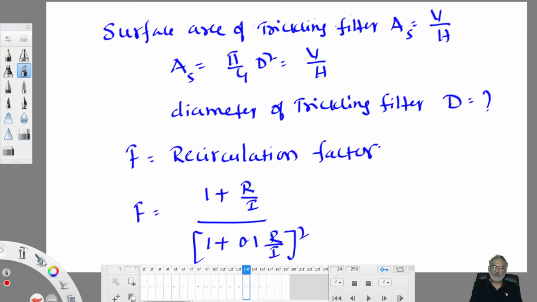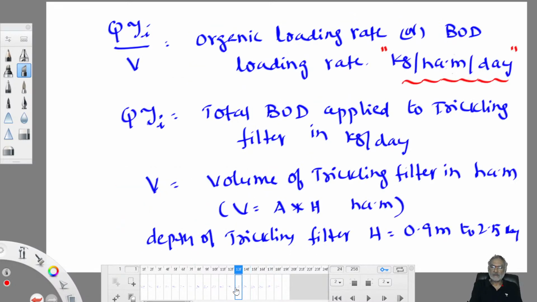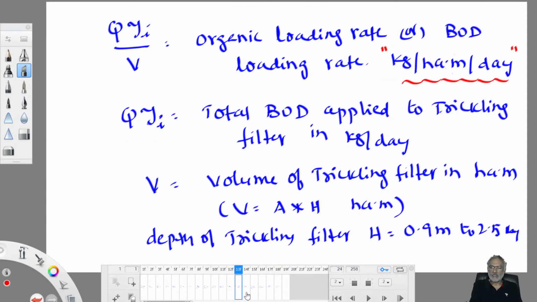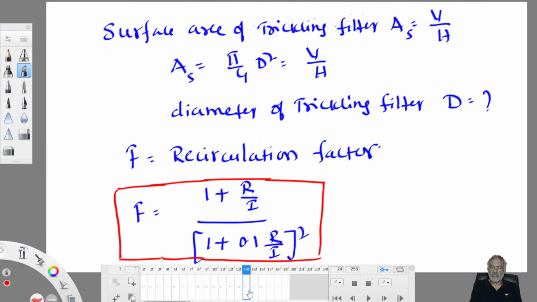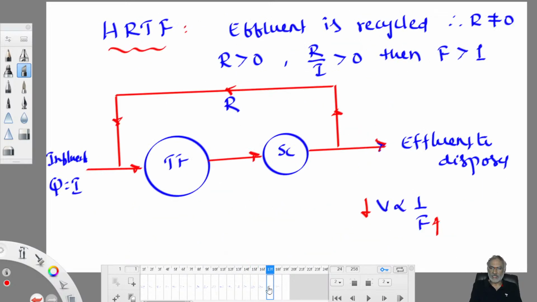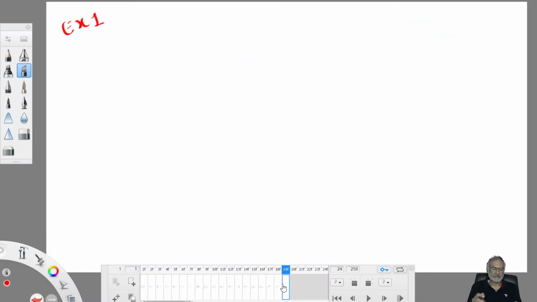Unfortunately, you are forced to remember it, there is no option left. You have to remember this formula, and the meaning of these terms. What is the significance of the F value? What is recirculation? What is R? What is I? If you have this idea, you can answer. Shall we take numericals?